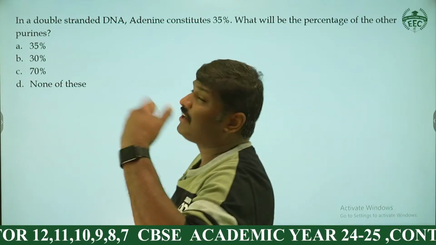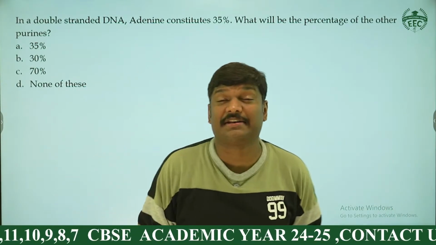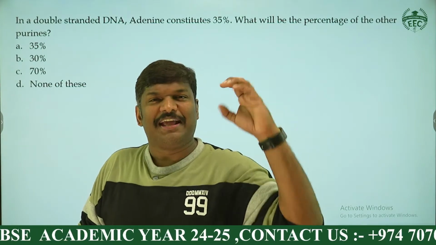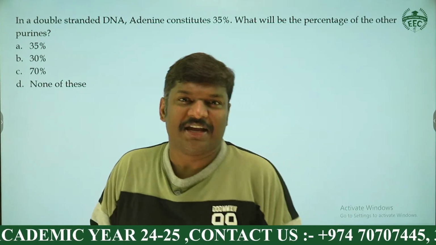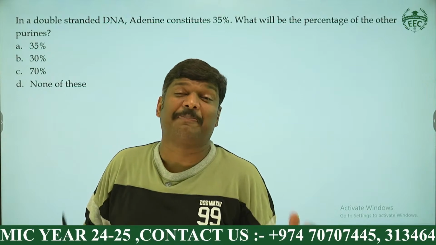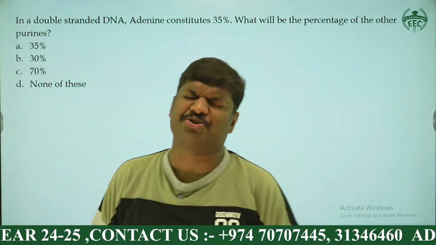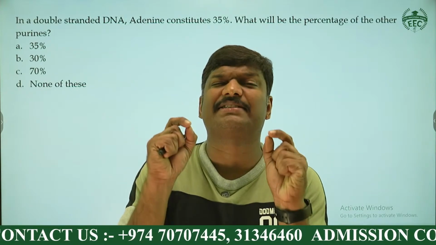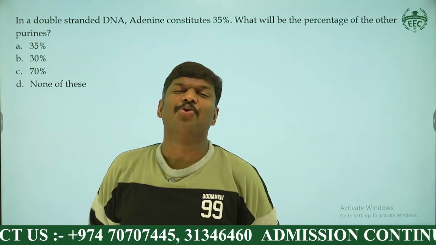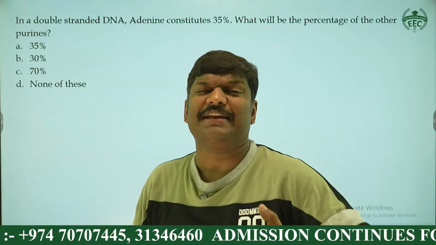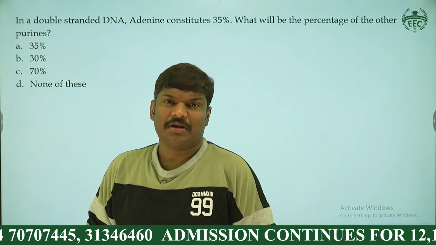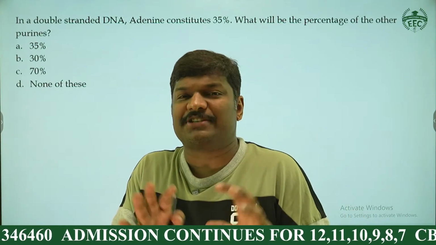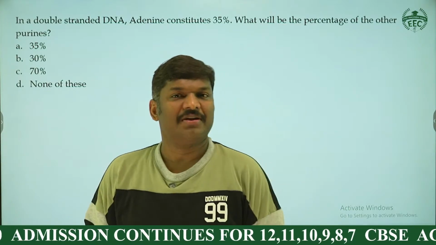In a double-stranded DNA, you know there are some DNA-related questions. What are the topics you have to study under DNA, my dear students? You know DNA as an acidic substance. That concept was developed by Frederick Meischer, who discovered an acidic substance in the nucleus and named it nuclein. He had no idea about DNA, so he put the name nuclein.